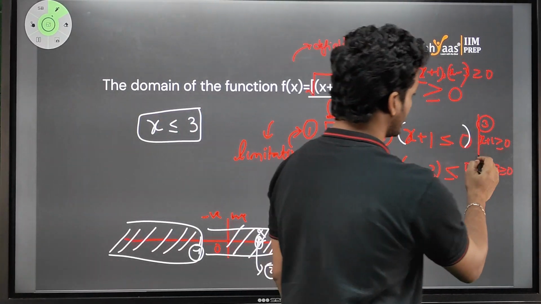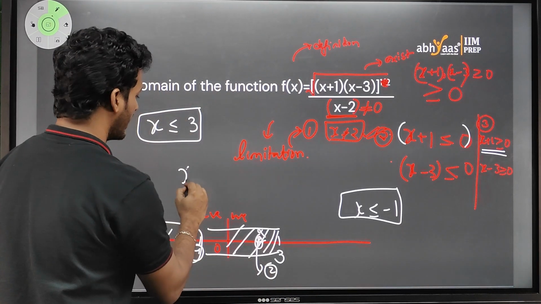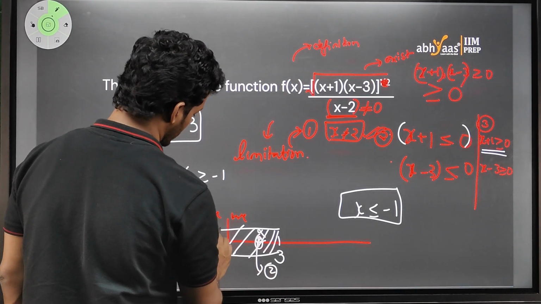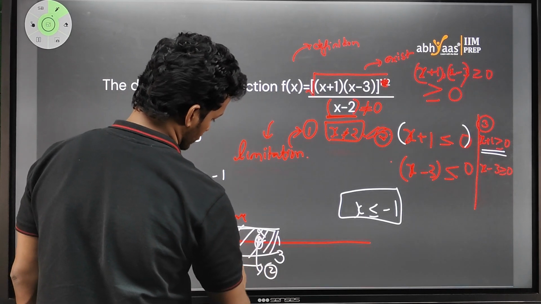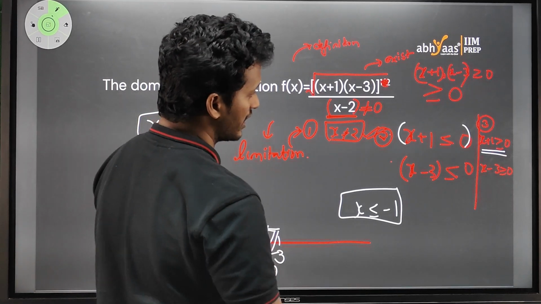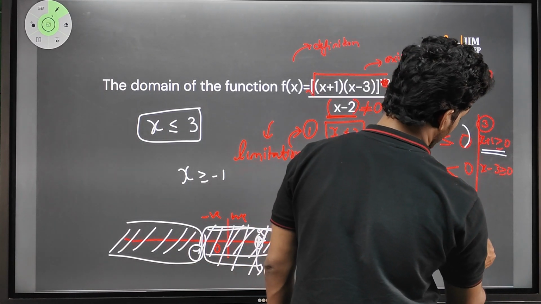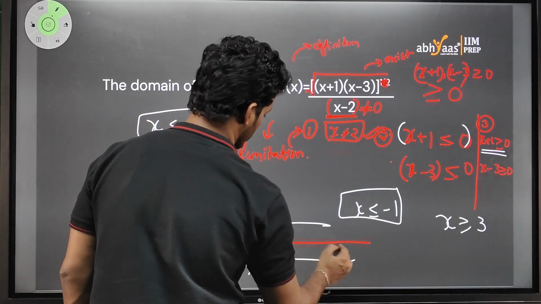And coming to this condition, x plus 1 greater than or equal to 0. That means x greater than or equal to minus 1. So that means these whole values. And x minus 3 greater than or equal to 0. That means x greater than or equal to plus 3. That means this value.